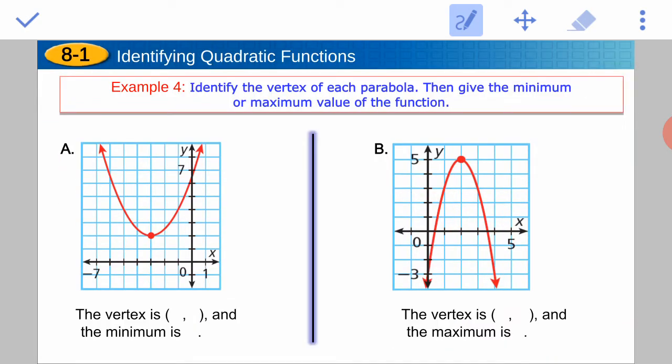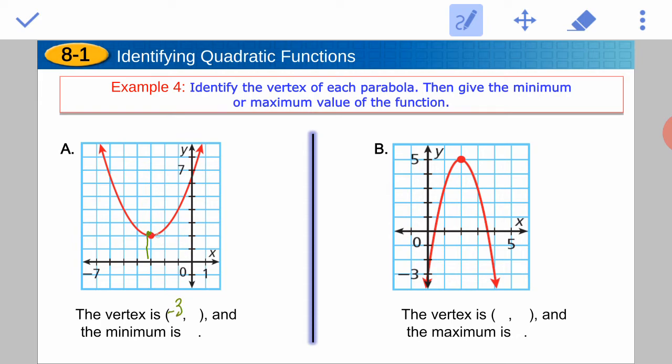Take example number 4. Identify the vertex. We need to read the coordinates of the vertex. This is the vertex of this graph. Later, we need to give the minimum or maximum value of the function. Okay, guys, let's start with identifying the coordinates. The x-coordinate of this vertex reads negative 1, 2, 3. It's negative 3.